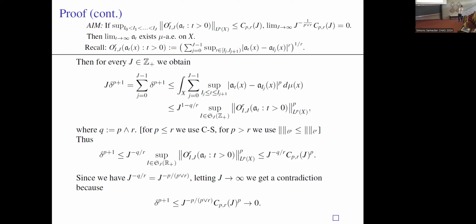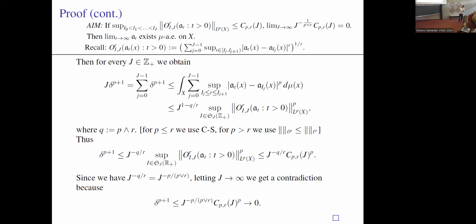So here, what we want to do is to get R variations, and we have P norm. So depending on the relation between P and R, we want to use different things. So if P is smaller than R, we use not Cauchy-Schwarz but Hölder inequality with exponent R over P, which is greater than 1.